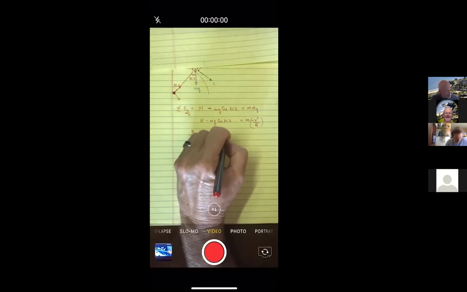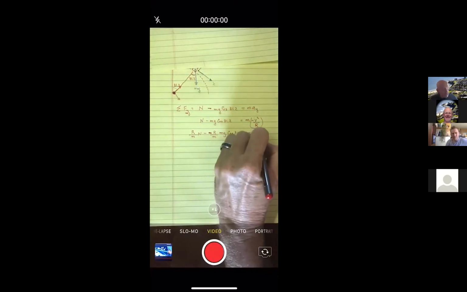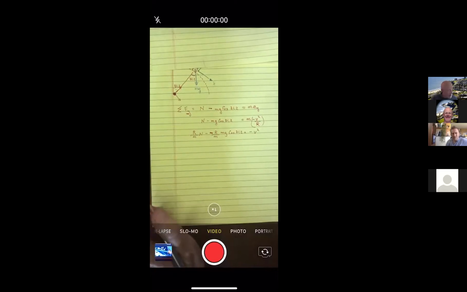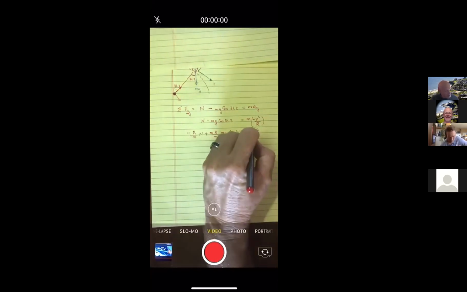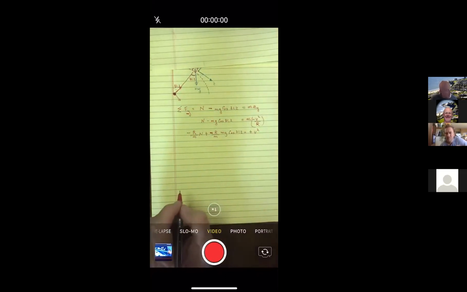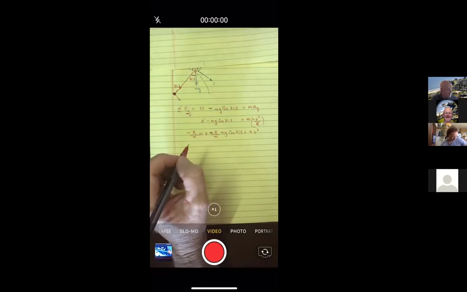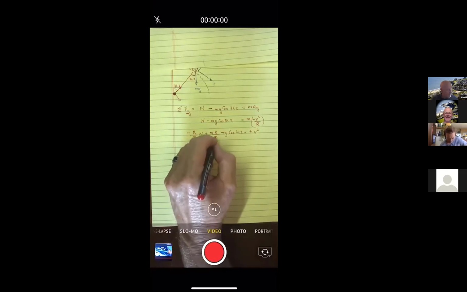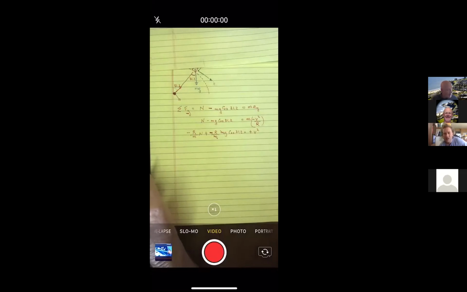Then I have the mg cosine 31.2. That'll be a negative v squared. Maybe then I'll just put a negative on both sides. Maybe I'll cancel an m there.